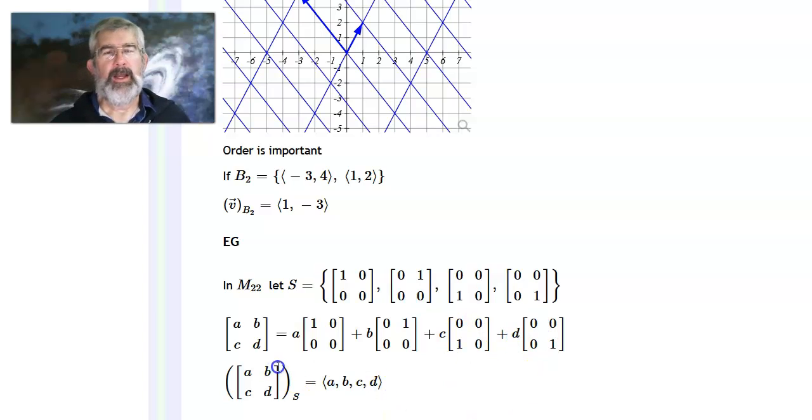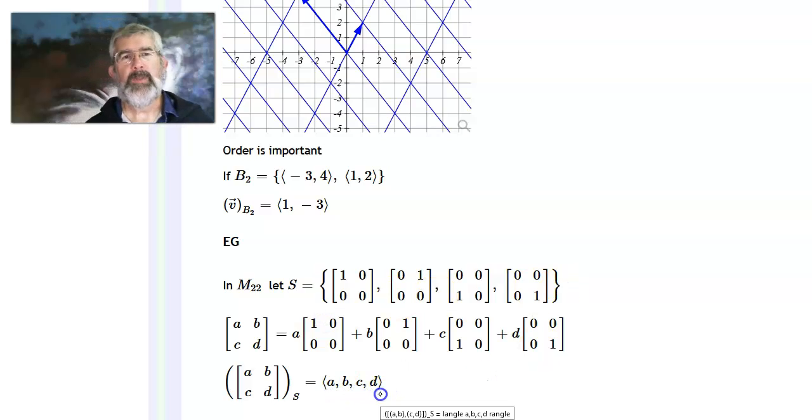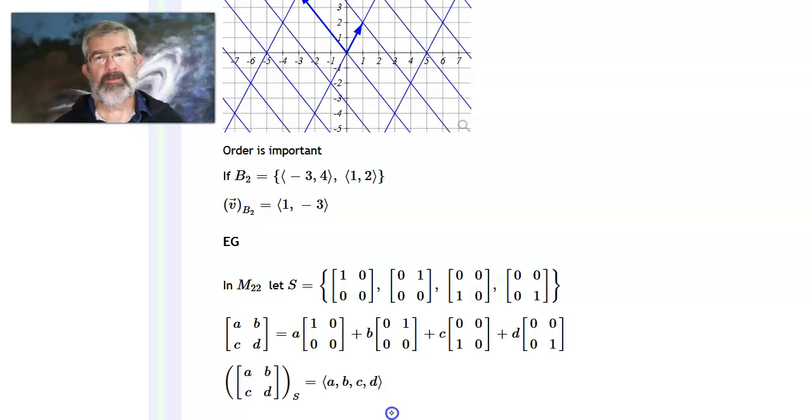And so the coordinate vector of this matrix with respect to that basis is A, B, C, D, that vector. That's in R4, right? This is a list of 4 numbers, and so that's in R4. It's curious that there's a pairing now between matrices that are 2 by 2 and R4.